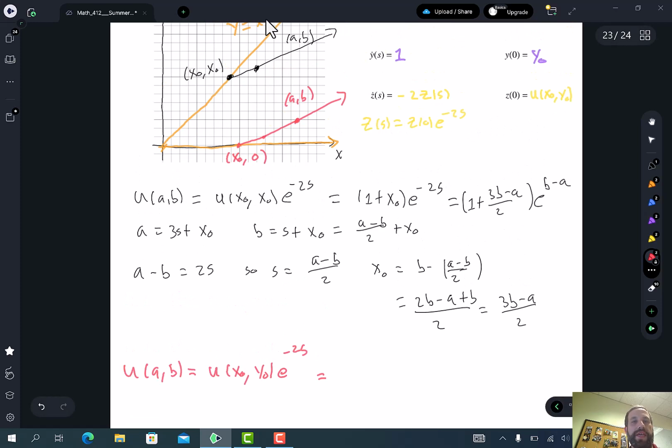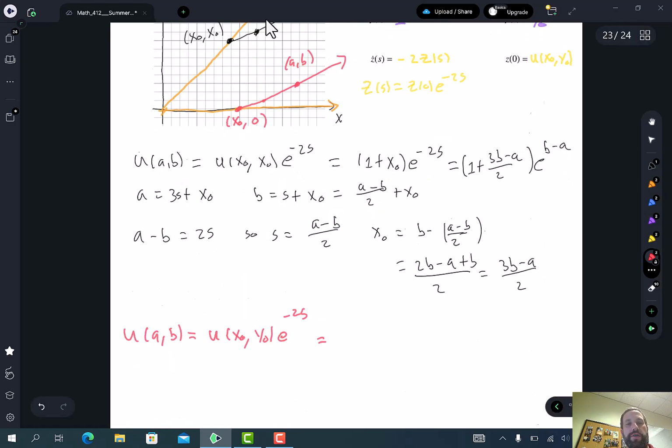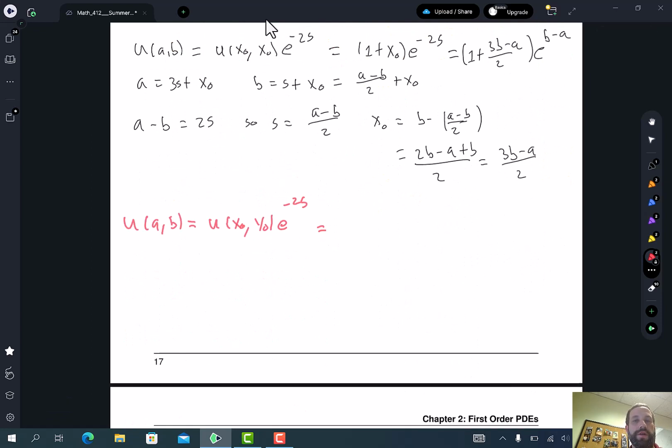So the function along the x-axis is just 1. u of x naught, 0 is equal to 1, so I just won't even write that. So this is going to be e to the minus 2s.